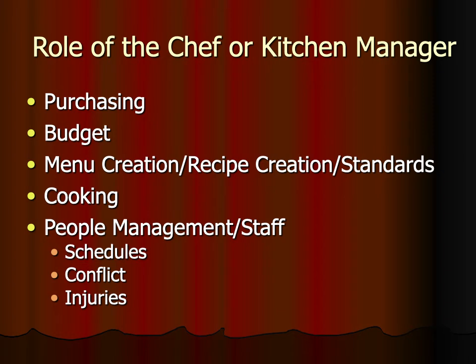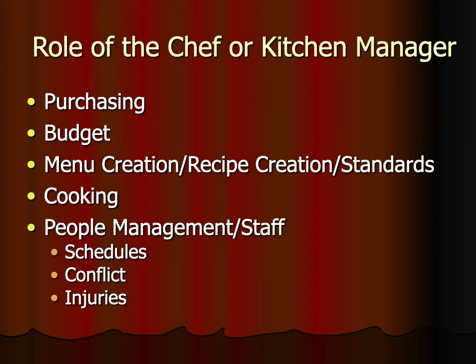Anyway, some of the roles, I think we mentioned this in a previous slide. Some of the roles of a chef or a kitchen manager are things like purchasing, so buying, budgeting, menu creation, recipe creation, the standards of the dishes that are going out so that they all look the same, the cooking of those dishes, recipe development and making sure that they're done properly, and people management, so managing the staff, the scheduling, conflicts between staff, injuries.